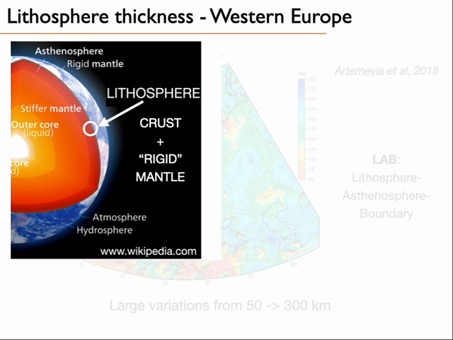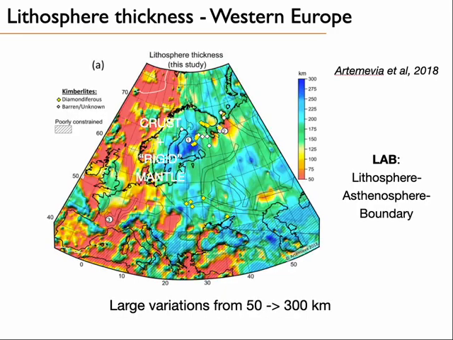So last week we discussed the lithosphere. Remember, the lithosphere is basically the crust plus a part of the upper mantle, which we will call here the rigid mantle. The thickness of the lithosphere also varies and can be mapped, and that's again the map of Europe, which shows you the depth or the thickness of the lithosphere.